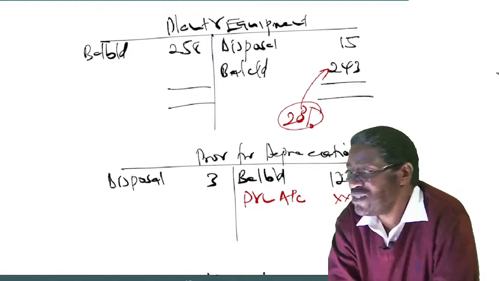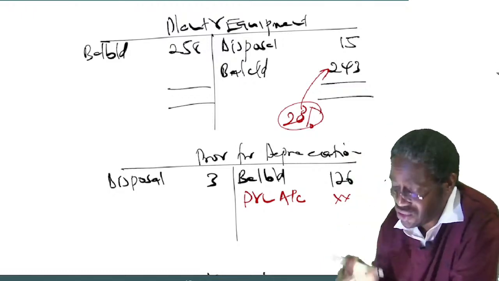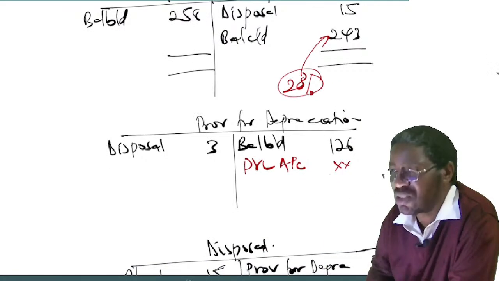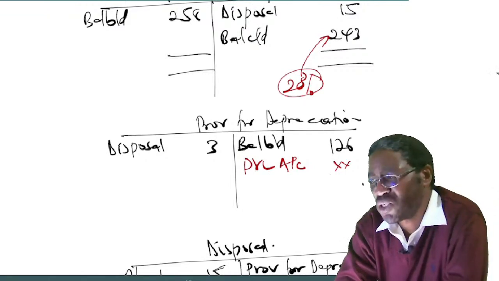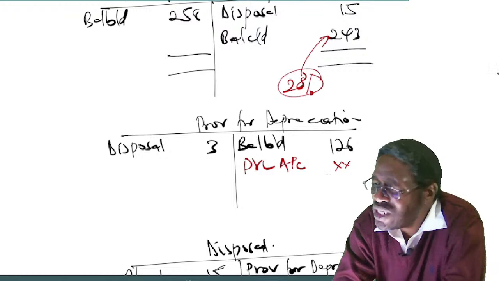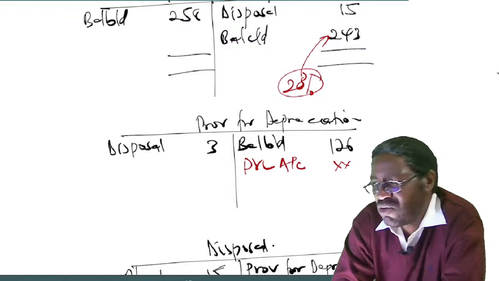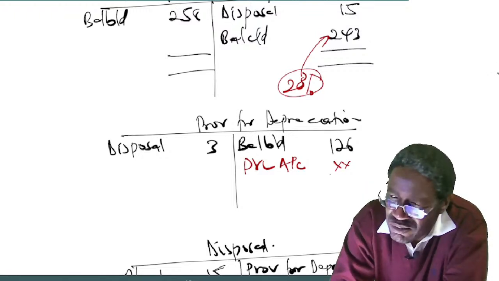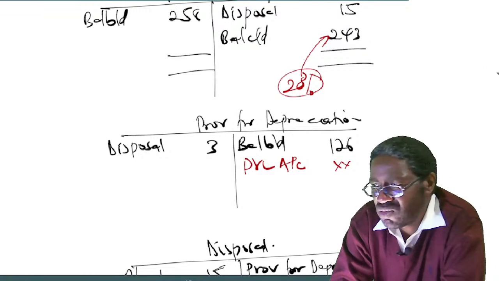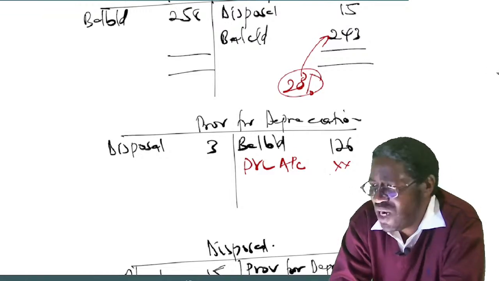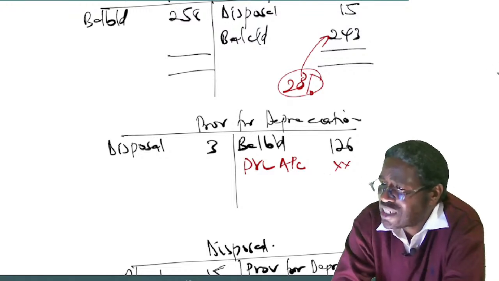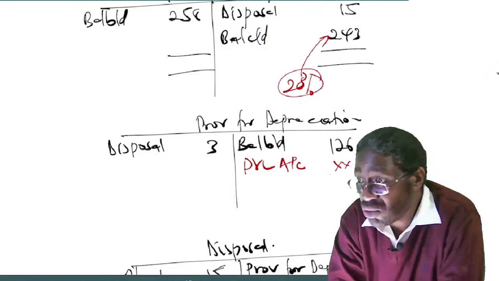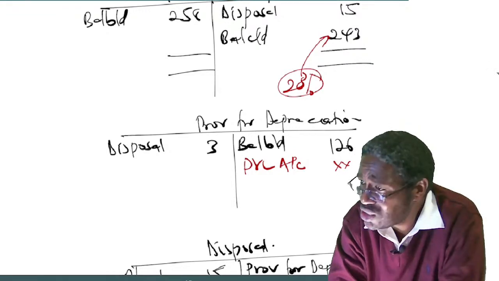So I need to ask, these assets that have a cost of 243, what is their net book value? If I'm able to know their book value, then it's on that book value that I would charge 20%, because we are using reducing balance.